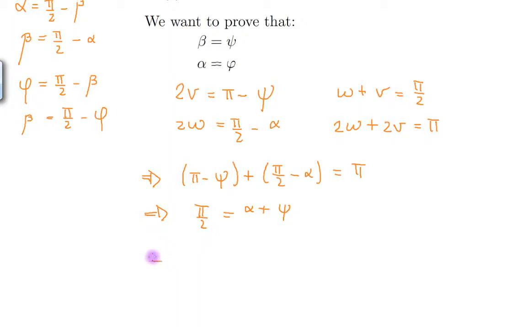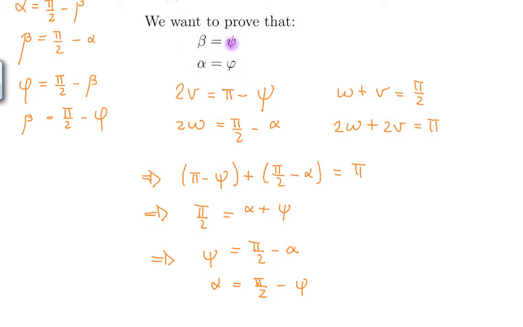Now that we have this, it implies two directions: C equals pi over 2 minus alpha, and alpha equals pi over 2 minus C.